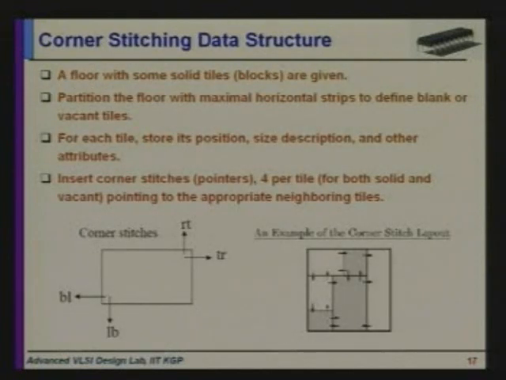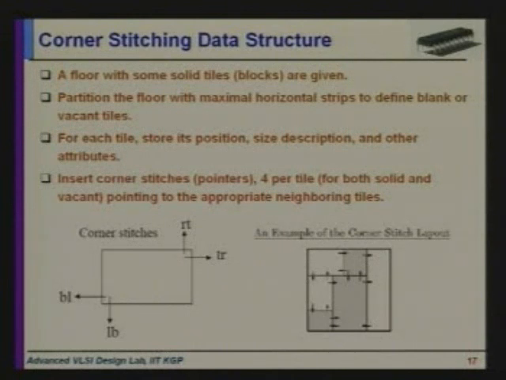Okay. So now we come to the corner stitching data structure. A floor with some solid tiles are given. Partition the floor into maximal horizontal strips to define either block tiles or vacant tiles, right? For each tile, store its position, size description and other attributes.